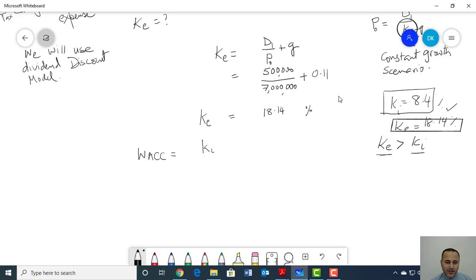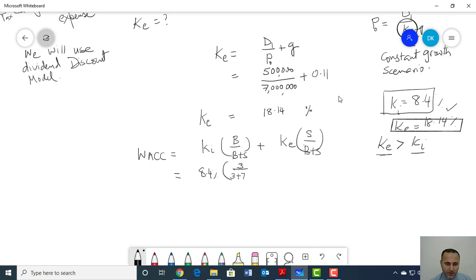It's KI multiplied by B divided by B plus S, which is the weightage for the bond, and then KE multiplied by S divided by B plus S. If I plug in all the numbers, KI is 8.4%, multiplied by B, which is 3 million, divided by 3 plus 7, because the 7 million is equity.